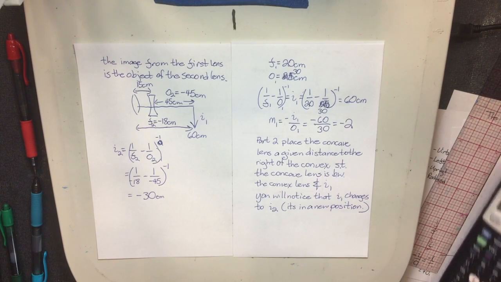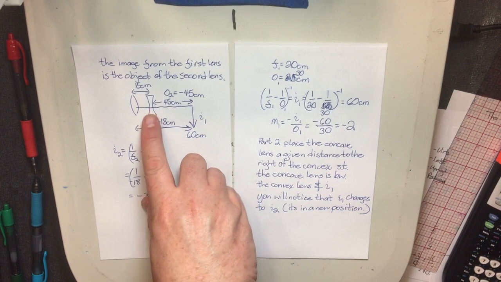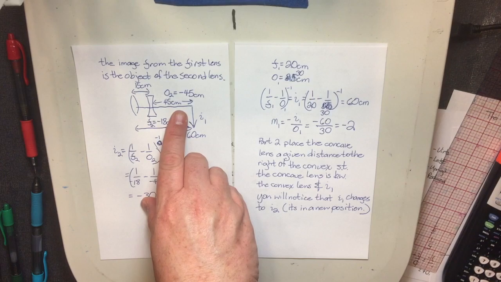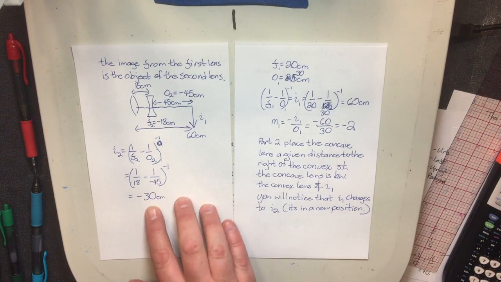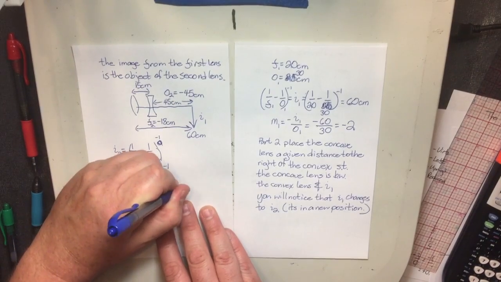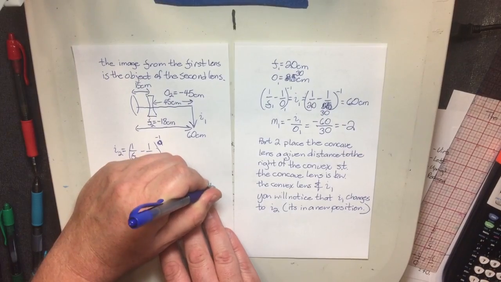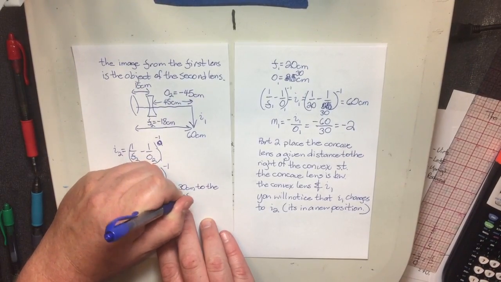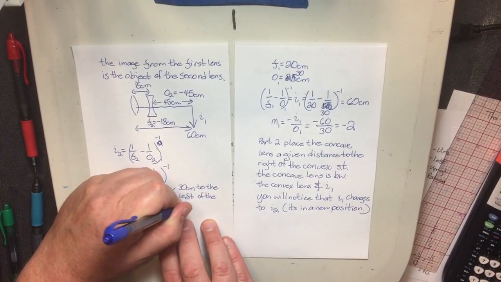I have to recalculate a new number and propagate it. But what this image tells me is that what I really needed was to pull this concave lens further to the right. This image distance is negative 30. This means it is 30 centimeters to the left of the concave lens.